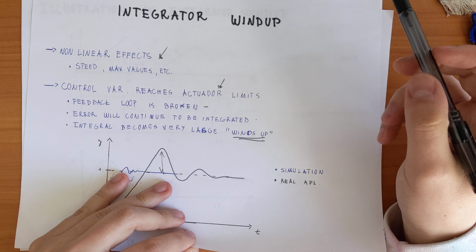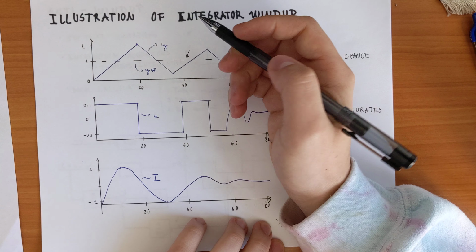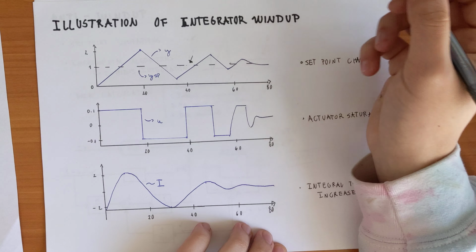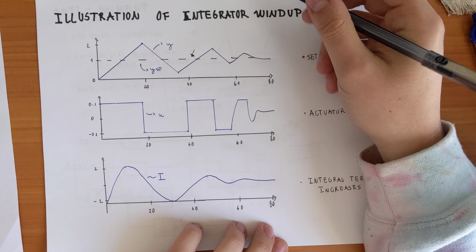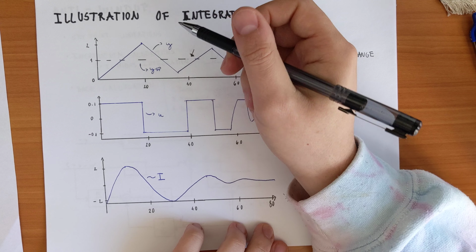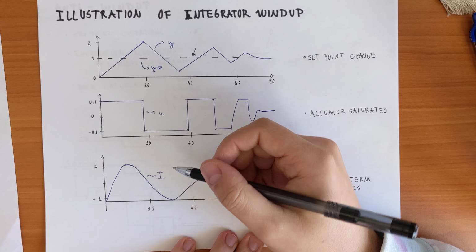So how does this look? Say, for example, you have a set point change. So you go from 0 to 1. Imagine this is a motor. So when you're not planning for this, the actuator is going to saturate. So it's going to jump up to the max value it can. What happens here is that the integral term is going to shoot up as well.